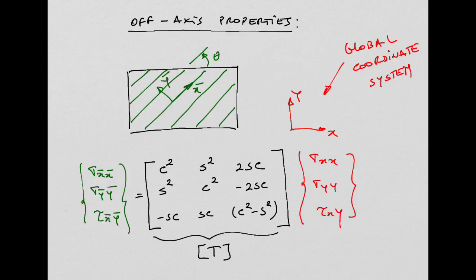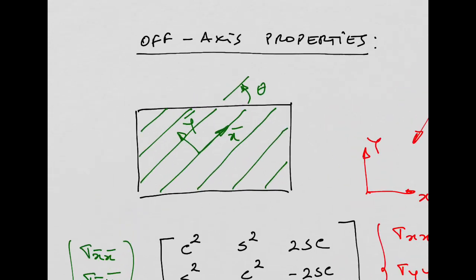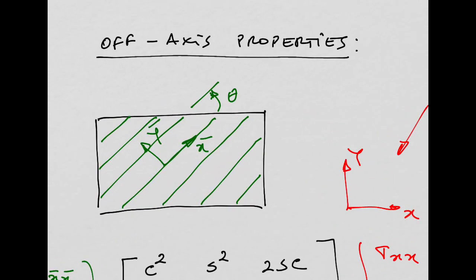For example, if you look at this lamina here, why do I need to do this transformation? Well, think like this. My loading is going to be applied in my global coordinate system, the one in red, right? Either I apply a strain or I stretch. Imagine I stretch this lamina in the x direction.